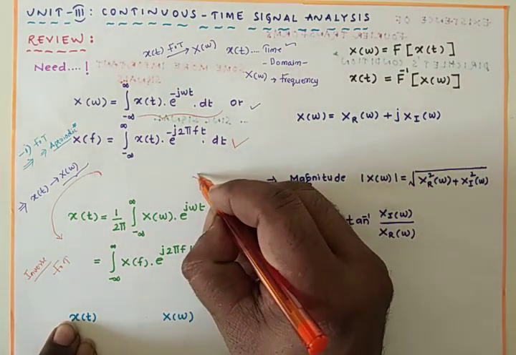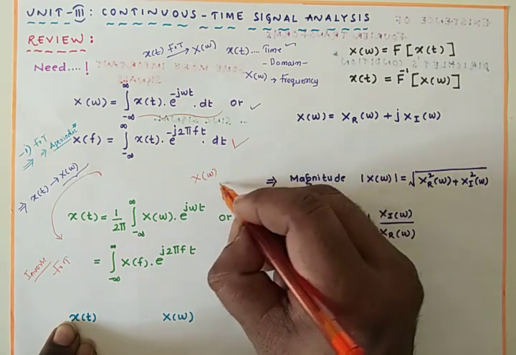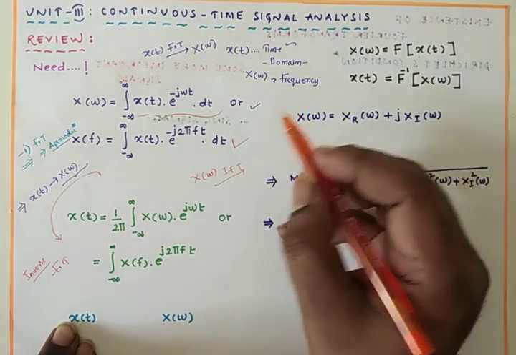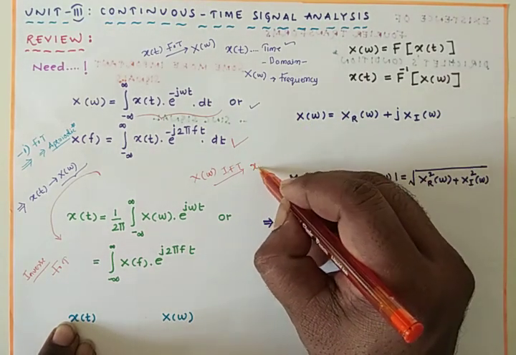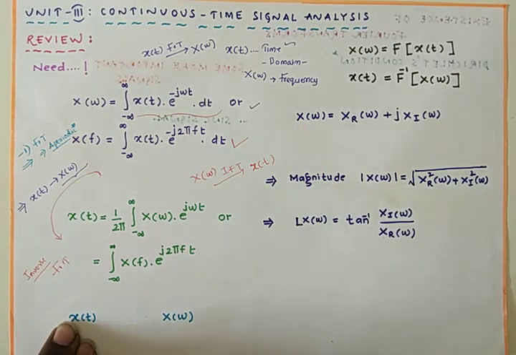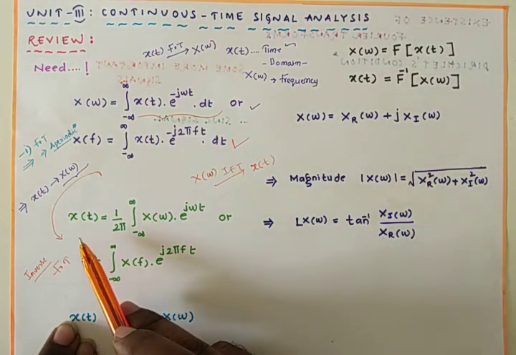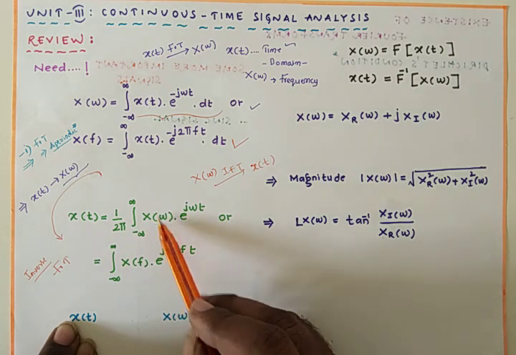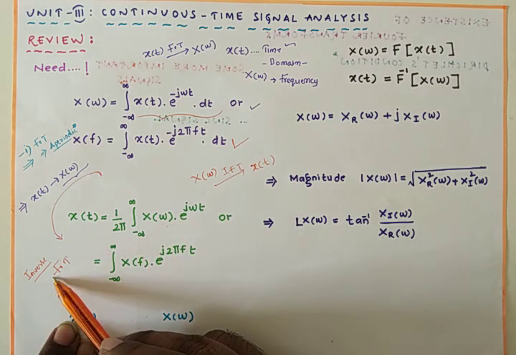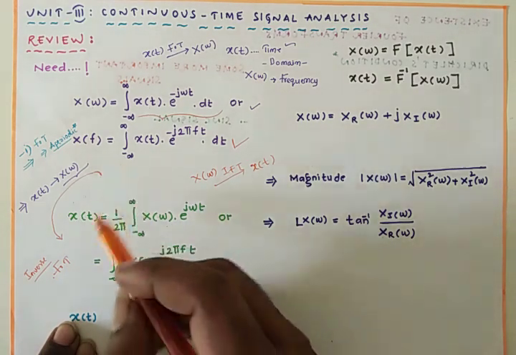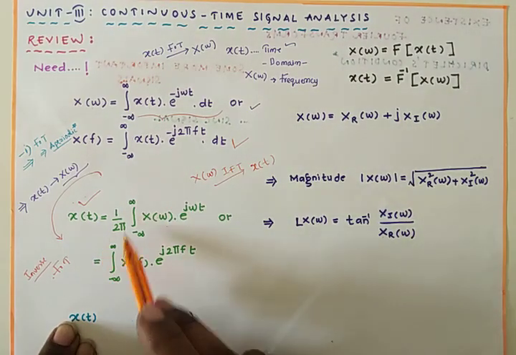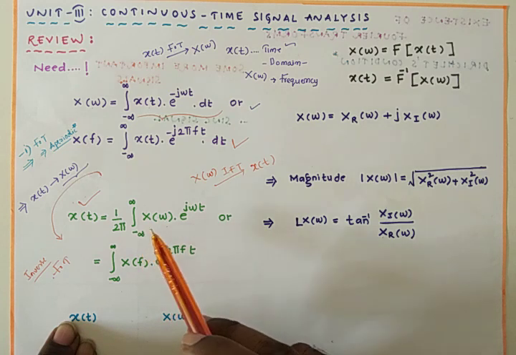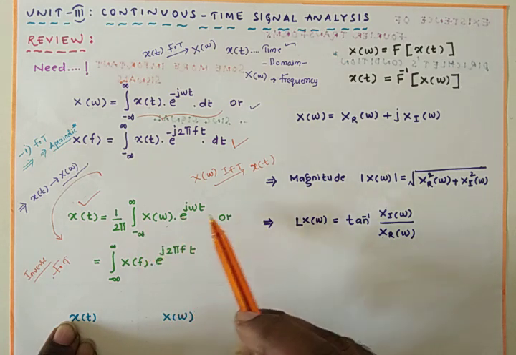That means we have x of omega, a frequency domain signal, on which we apply the inverse Fourier transform, so that we get the time domain signal, that is x of t. The formula is x of t is equal to 1 by 2 pi, integral from minus infinity to plus infinity of x of omega into e to the power of j omega t d omega.